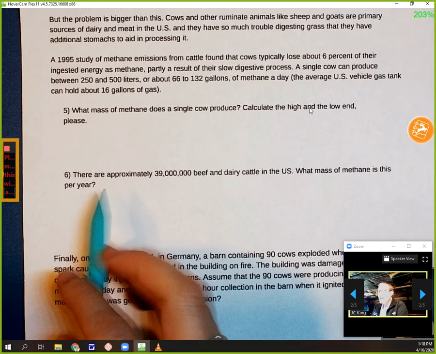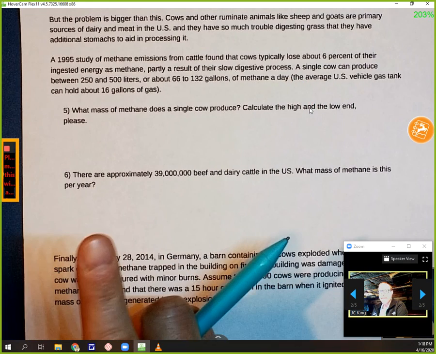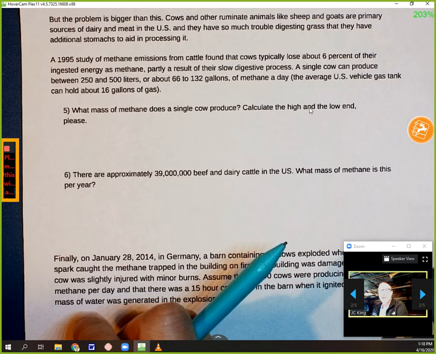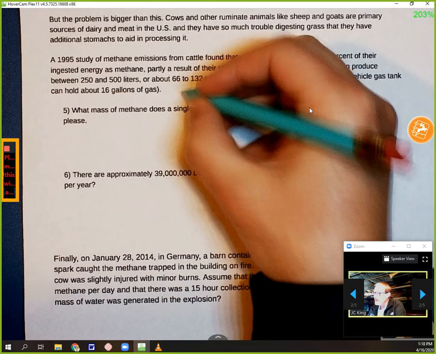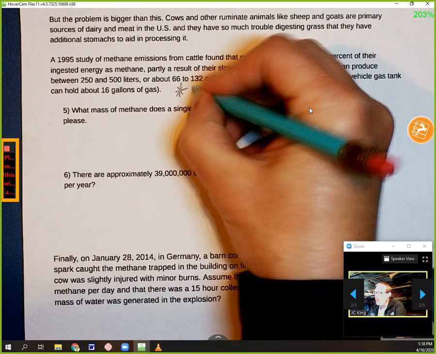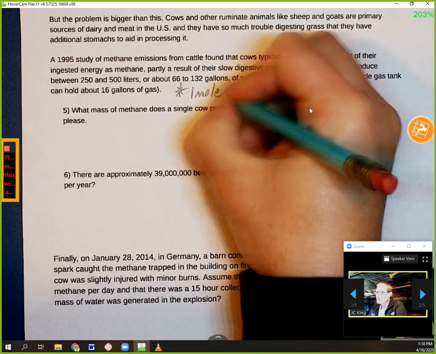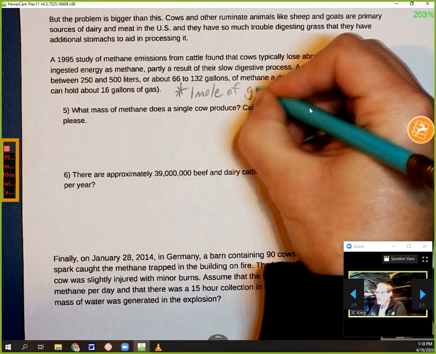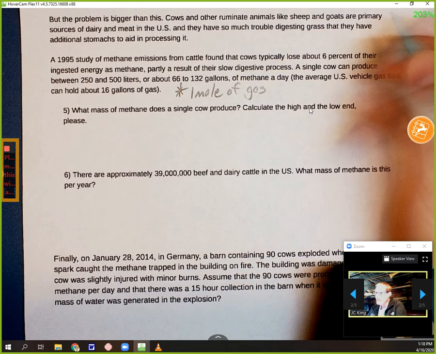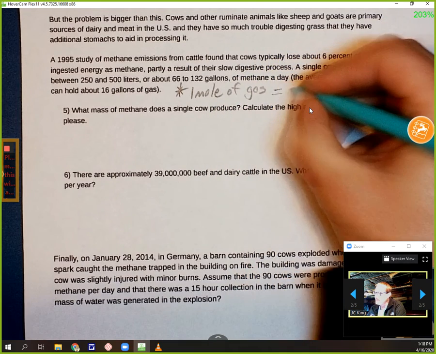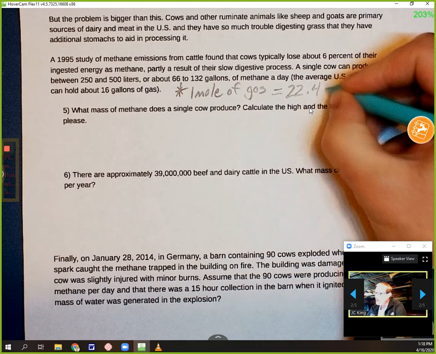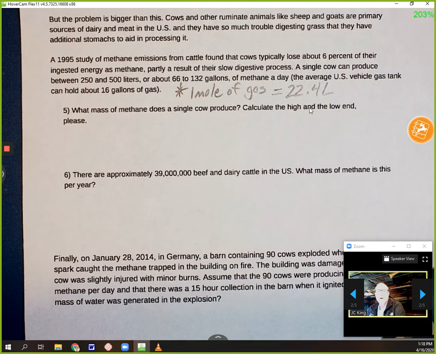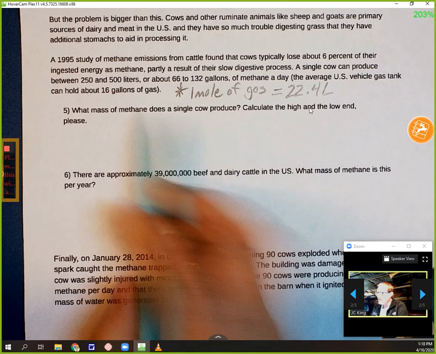Now, fortunately, we learned yesterday that for any given gas, 1 mole of a gas at STP is equal to 22.4 liters. Remember that?